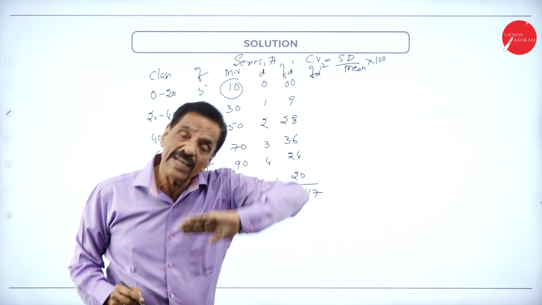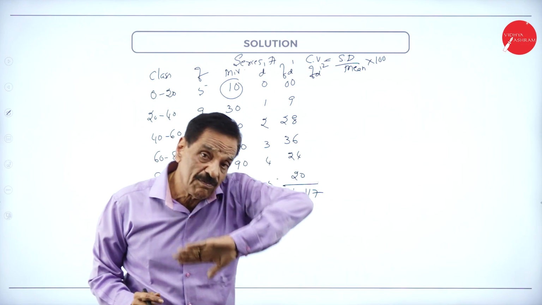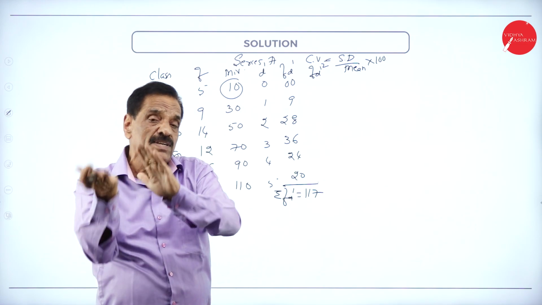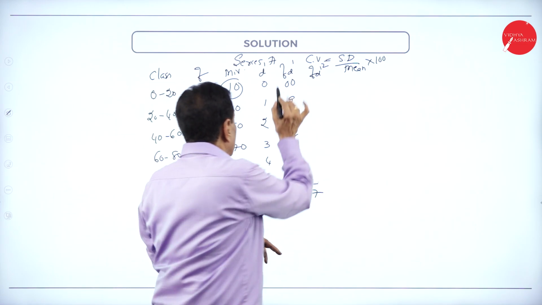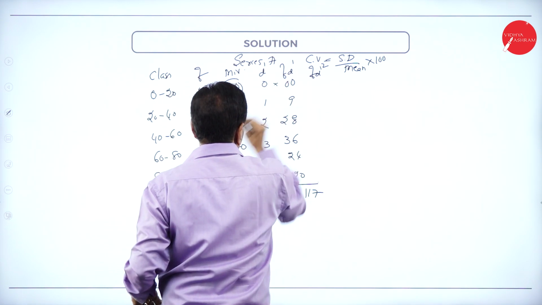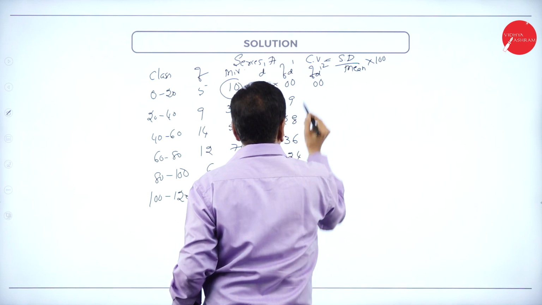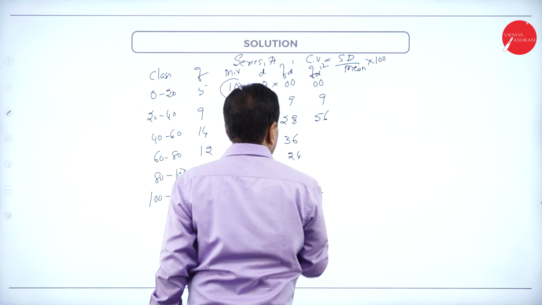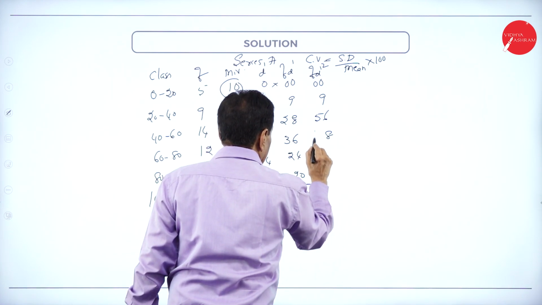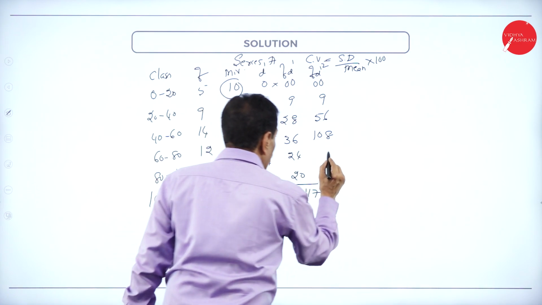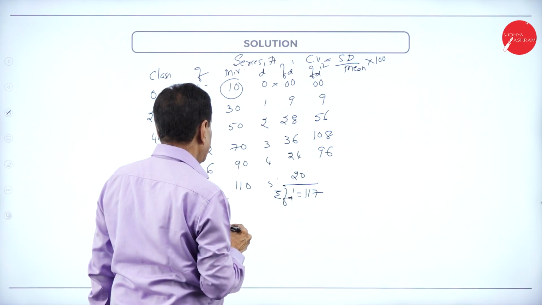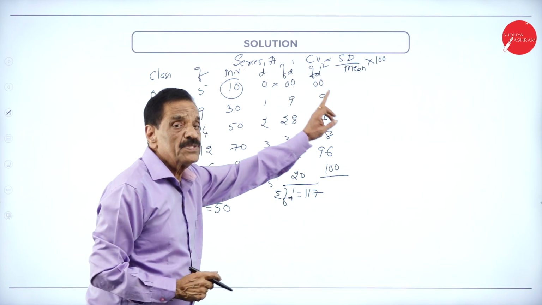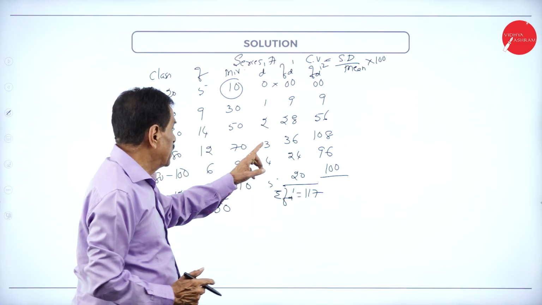It means fd dash into d dash, not fd dash whole square. 0 into 0, 0. 9 ones are 9. 28 into 2, 56. 36 into 3, 108. 24 into 4, 96. 20 into 5, 100.